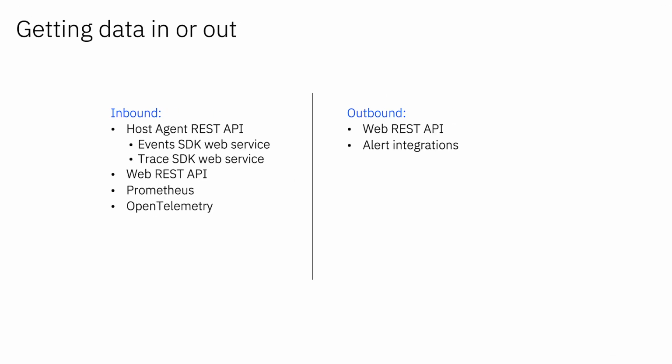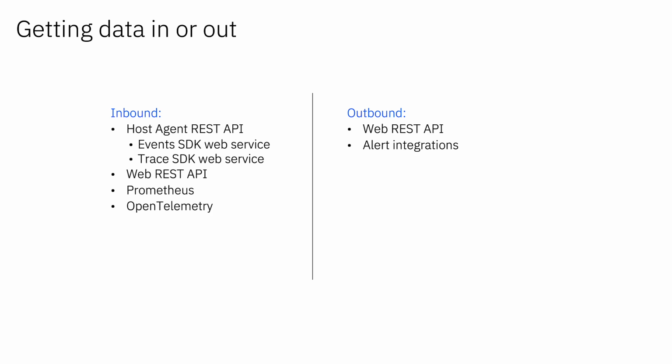In general, there are two directions of the integration. We have the inbound integrations, where we want to send the data into Instana and make Instana use this data to correlate, to take actions, or to present in the interface, in the console.